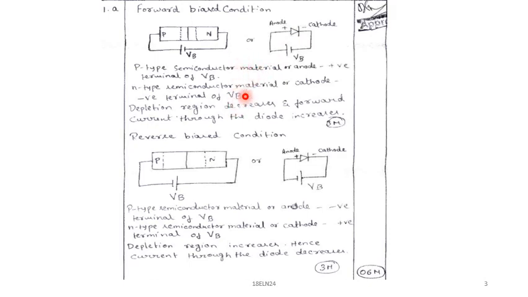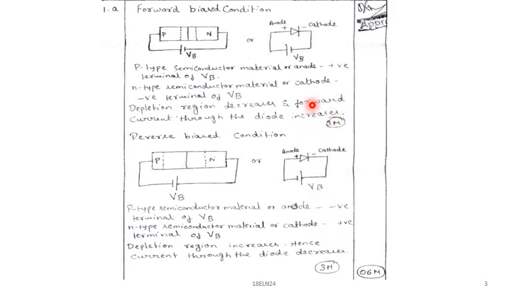Then the explanation: 1 plus 2, so the diagram and explanation carry 2 marks. You have to explain what is forward bias and what happens during forward bias. Similarly the reverse bias condition. So this is 6 marks, 3 plus 3.